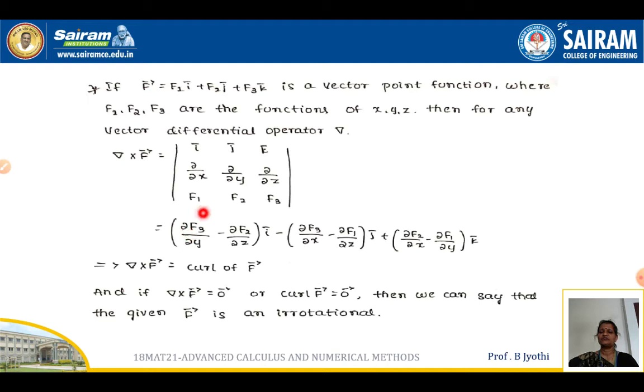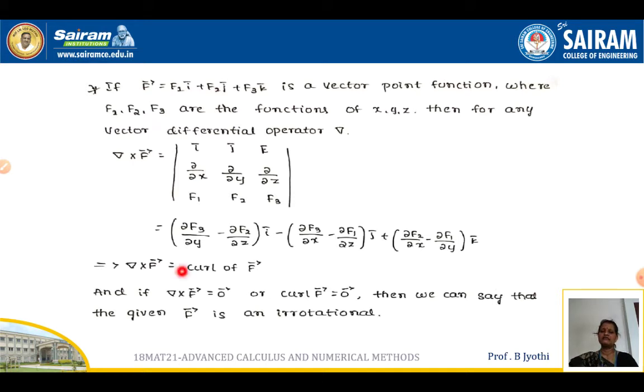On simplification, i times of dou f3 by dou y minus dou f2 by dou z, minus j times of dou f3 by dou x minus dou f1 by dou z, and k times of, leaving the column, dou f2 by dou x minus dou f1 by dou y, that is given by the curl f, curl of the vector function.